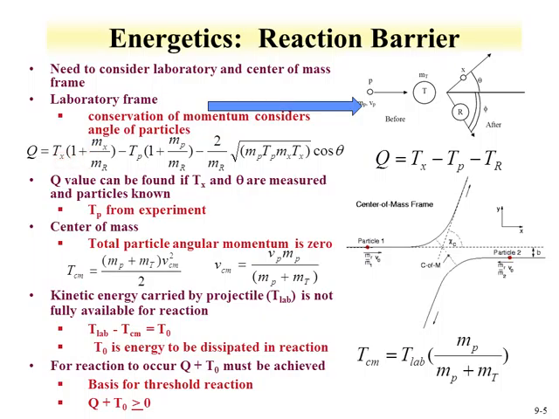The kinetic energy of X would be the particle here. The kinetic energy of P is our projectile, and we also have information related to the kinetic energy of the product.